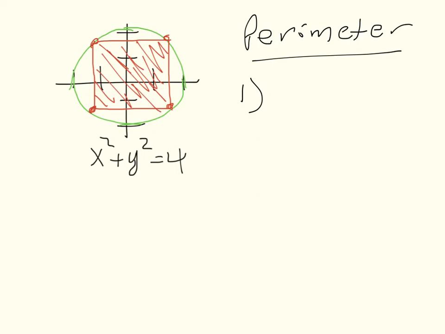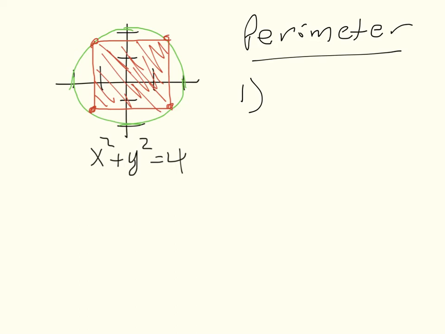So to do that, we're going to want to say 4x plus 4y, because if you look at it, if you break it down, we have 1x, 2x, 3x, 4x, 1y, 2y, 3y, 4y. So remember, perimeter is just the absolute value.